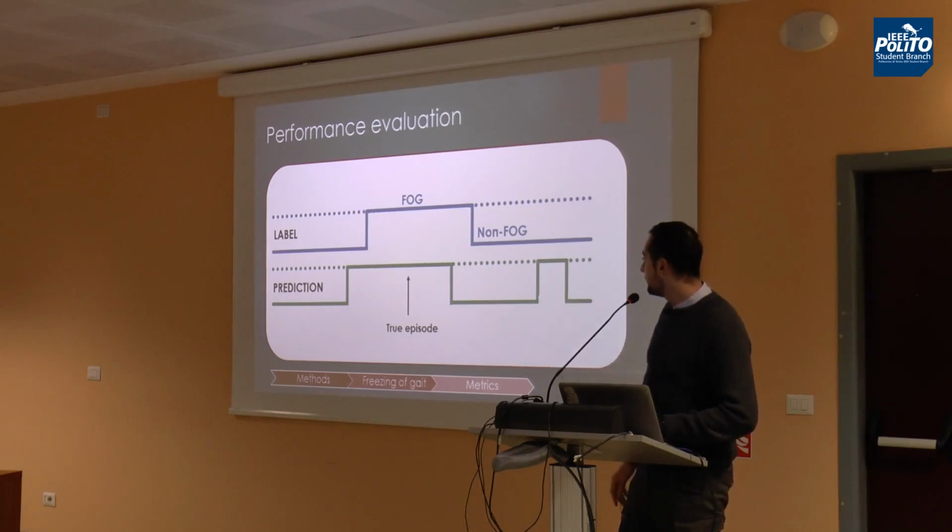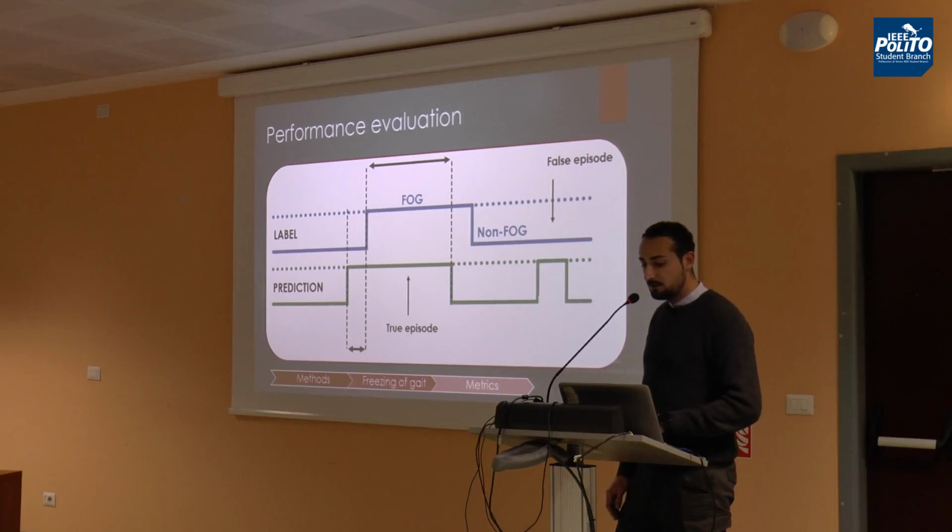So it is true that a freezing of gait episode manifested, and in these other cases this is a false positive because, you know, the system said that it was freezing of gait, but it was not, as you can see from the blue line.